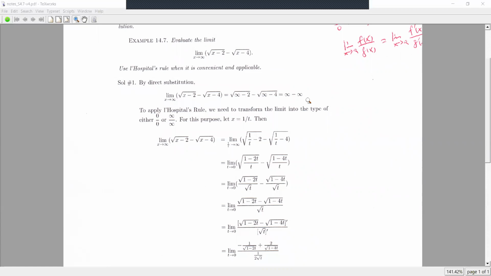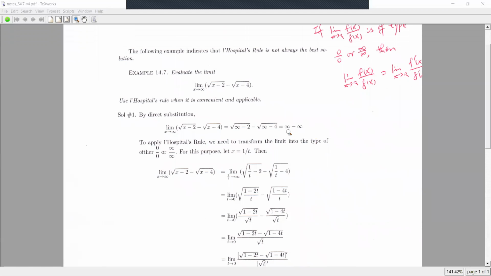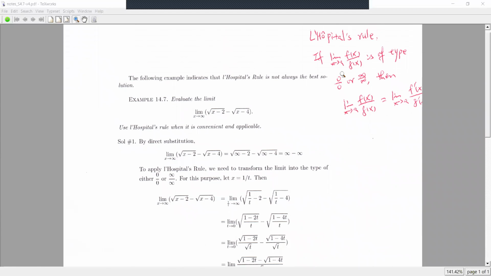This is a difficult limit. Because the type is infinity minus infinity, it is not of the type 0 over 0 or infinity over infinity. So I cannot apply L'Hopital's rule to this limit.